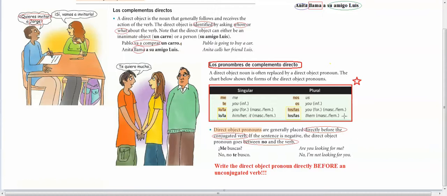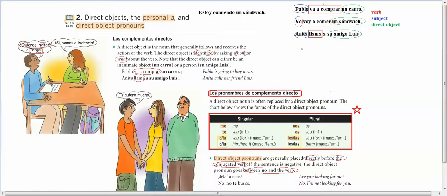Let's see, the direct object pronouns, where they go when I replace them. Well, first off, let's replace them. Okay, so I've got Pablo va a comprar un carro. I want to change it to Pablo is going to buy it.